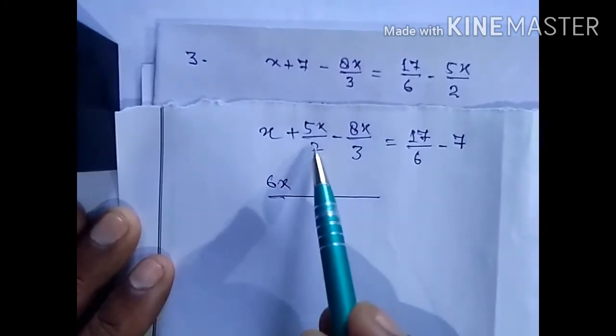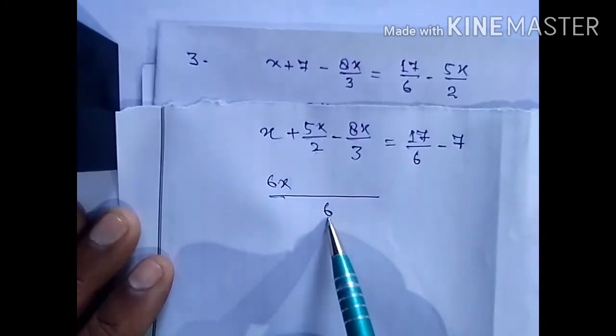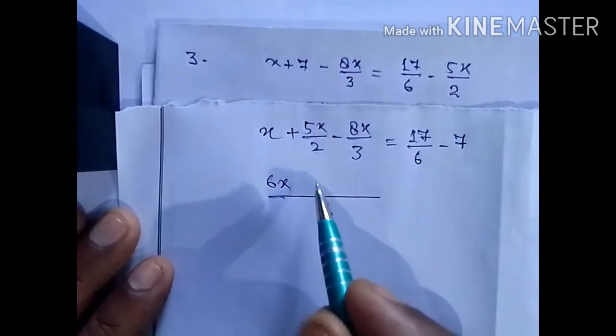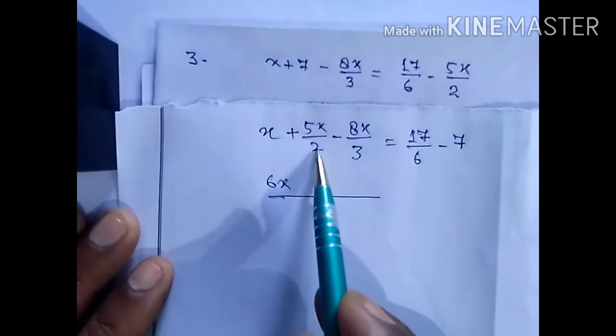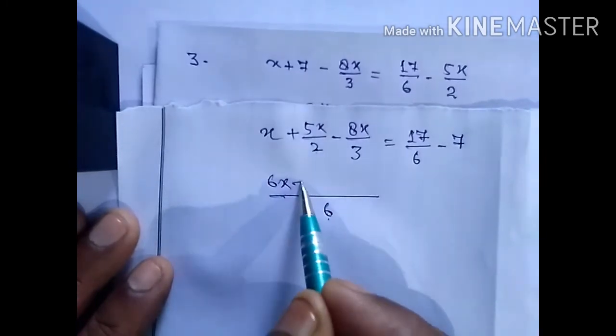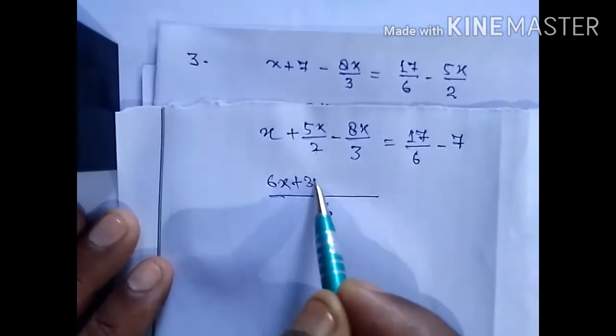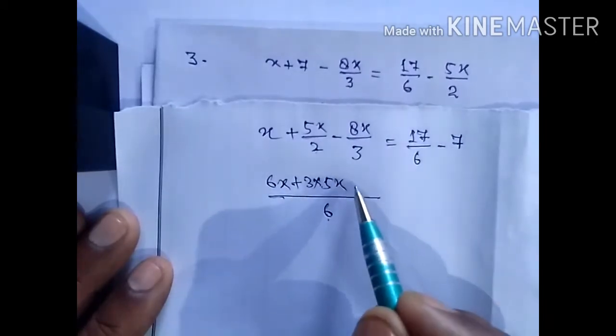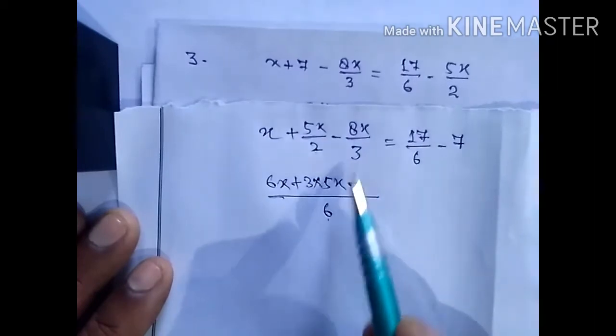After that, student, this 2 3s are 6. So we have to multiply this 5x by 3, because 2 3s are 6, here plus 3 into 5x, minus 3 2s are 6.